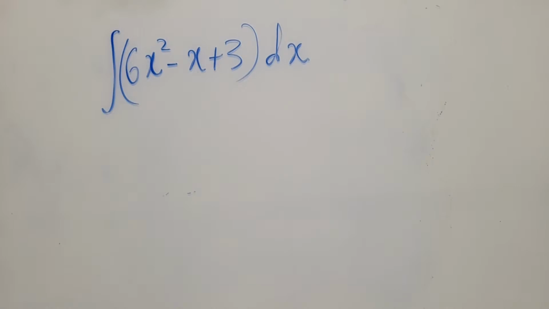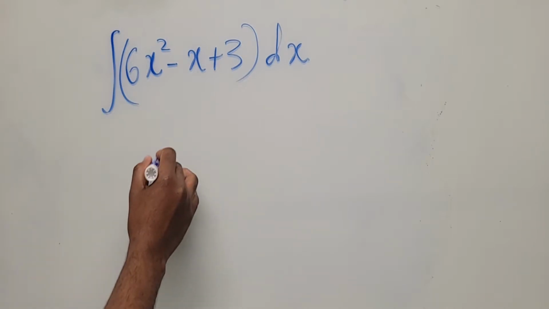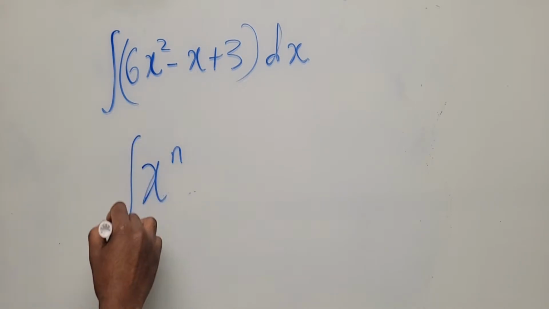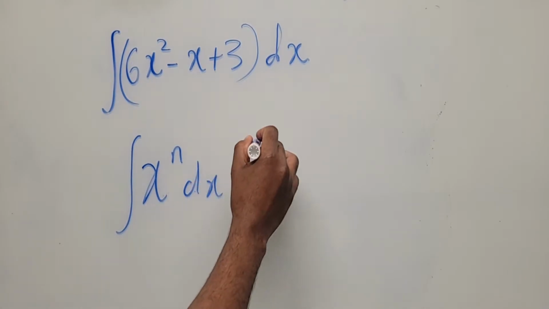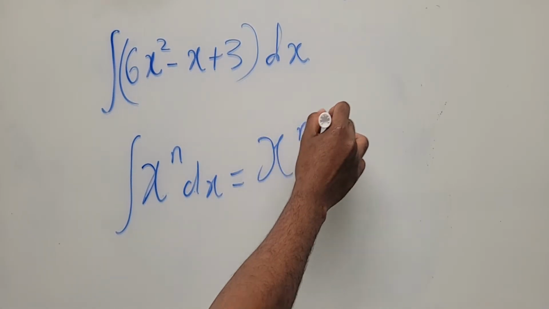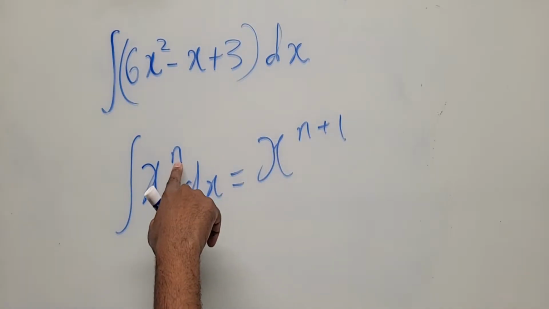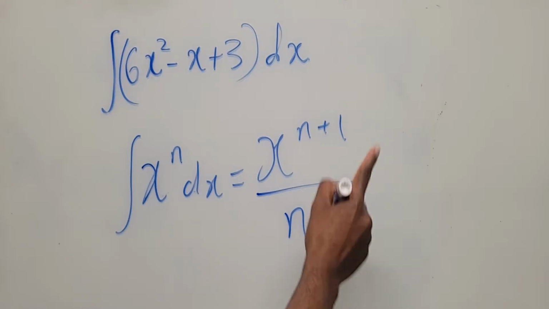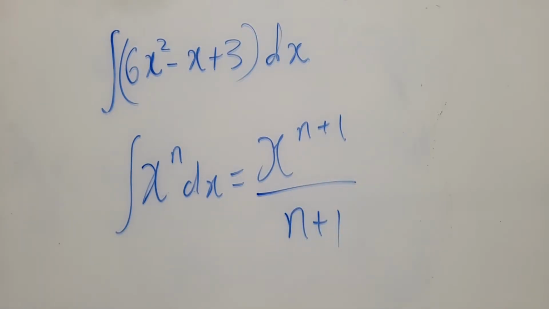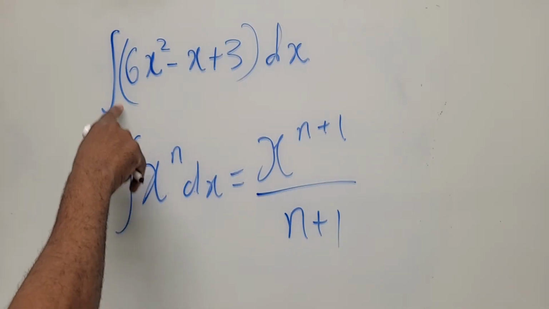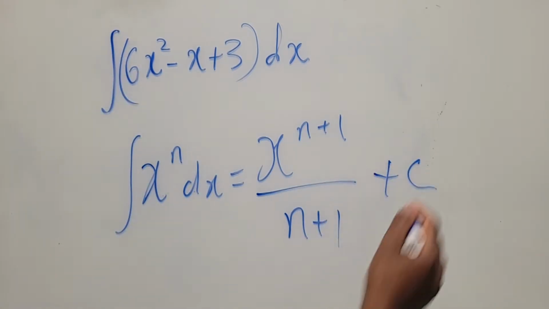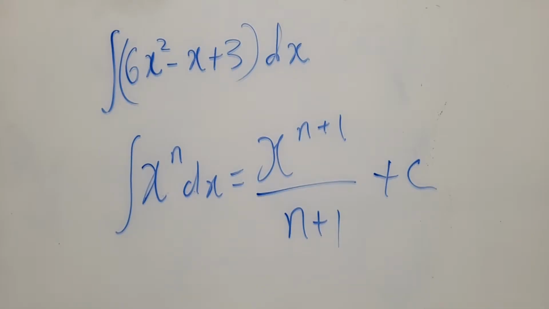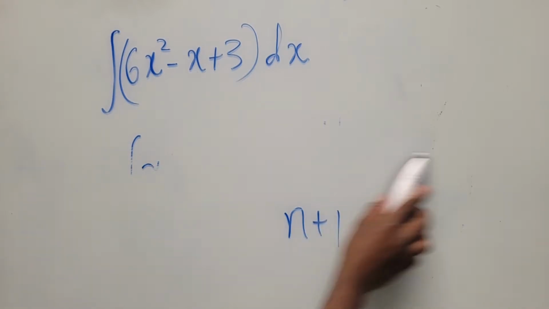So in a more general sense, if I give you x to the power n, the integral of that with respect to x is just the same as what? x, then the exponent n you add 1, then you divide by this new exponent, n plus 1. Okay? Then because this is an indefinite integral, meaning that there are no limits, you just add your constant of integration, you see. Okay? So we use that. Let us go ahead and do that.